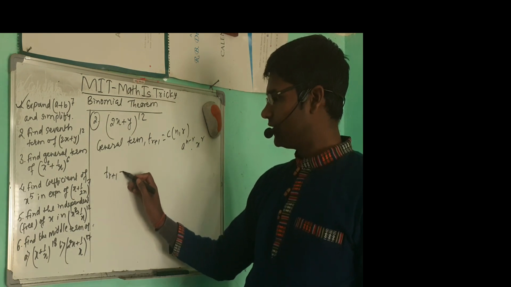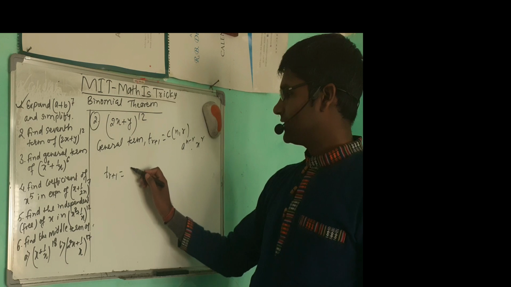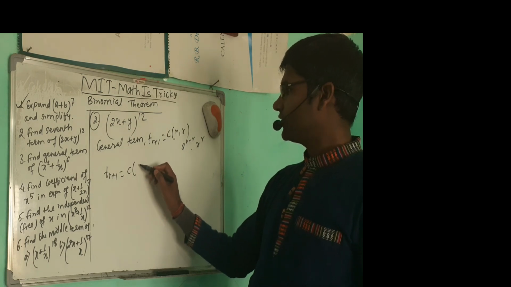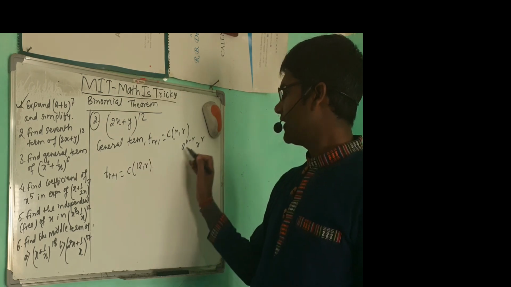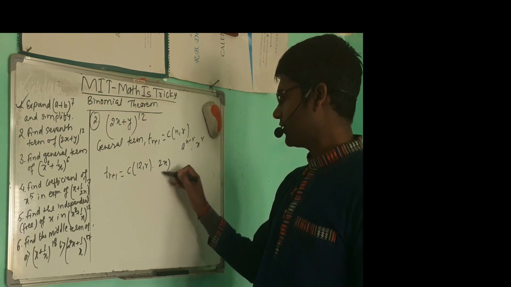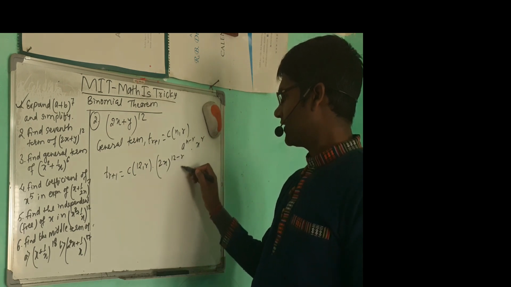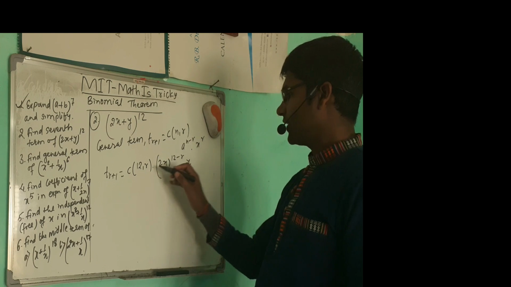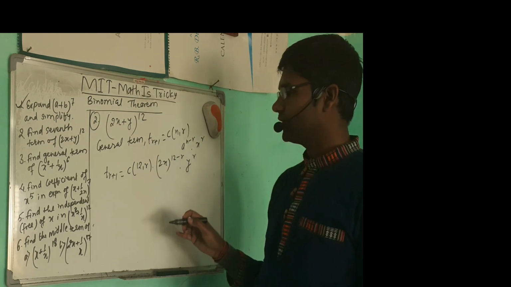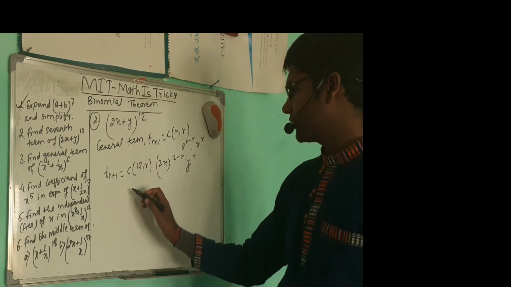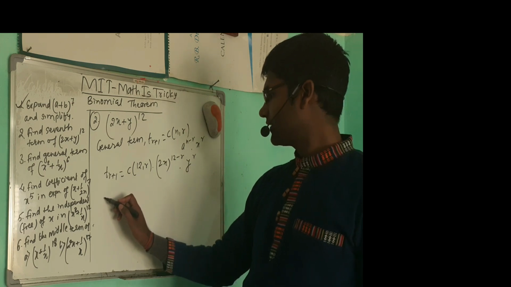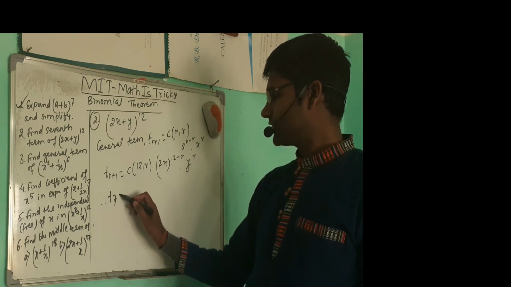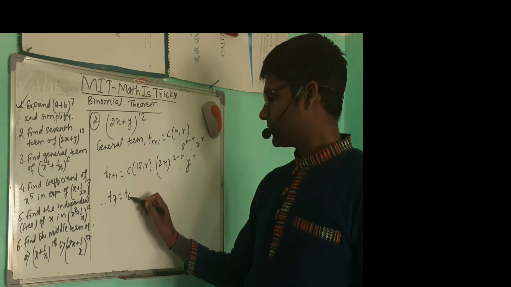T r plus 1 will be 12Cr, where n is 12, and a is 2x, power 12 minus r, times y power r. So we have to find the seventh term. So we can find simply T7 means T6 plus 1.